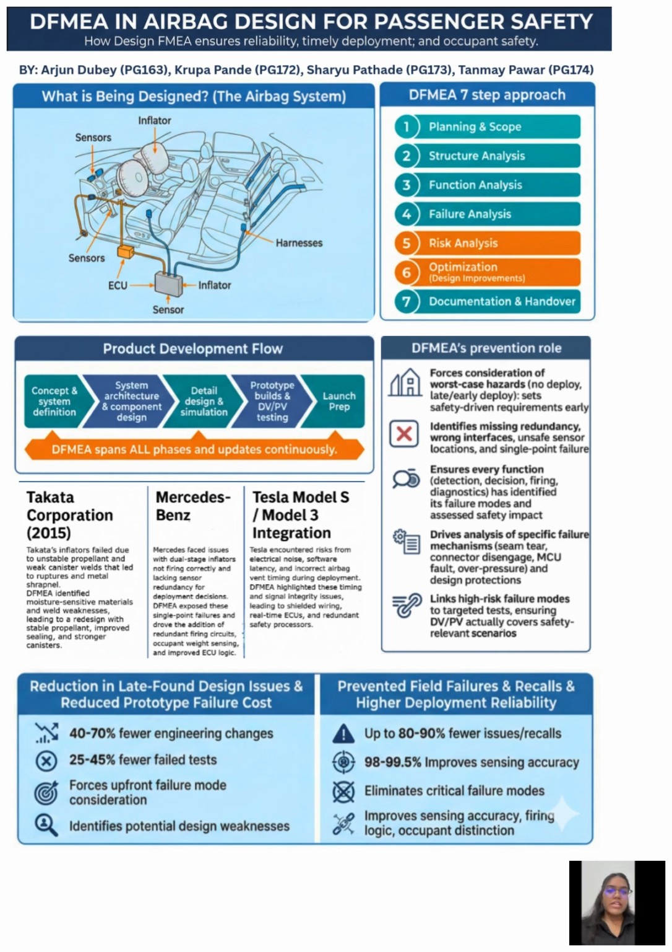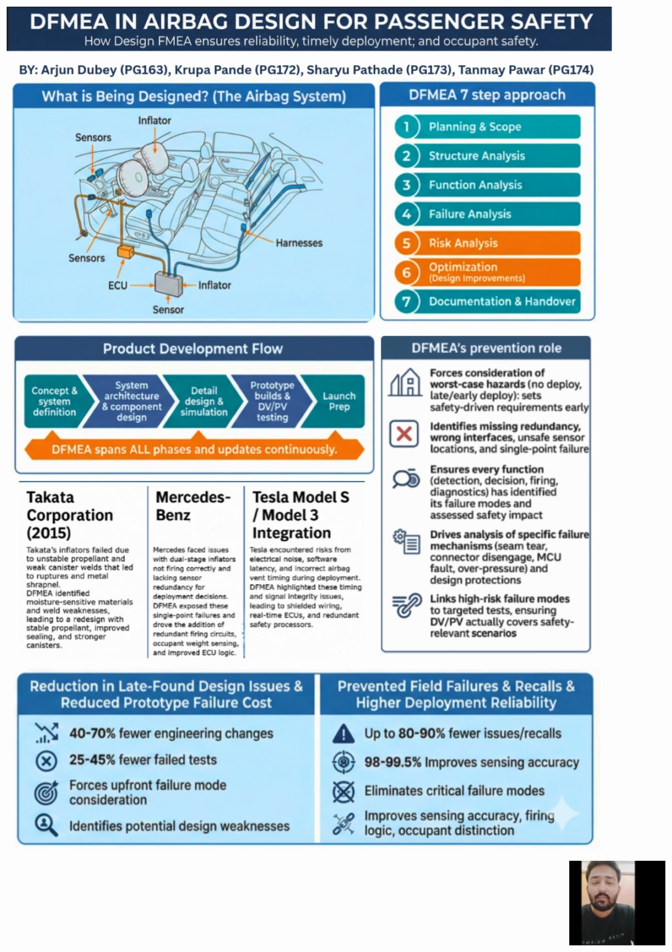And through that we calculate the RPN, which is the Risk Priority Number. The sixth step is optimization. We implement the design improvements. It could be anything like stronger materials, better sensors, backup systems, etc. Then the last and final step is documentation and handover. Record all the changes, validations, and results, and transfer the updated design to the next team for further development.